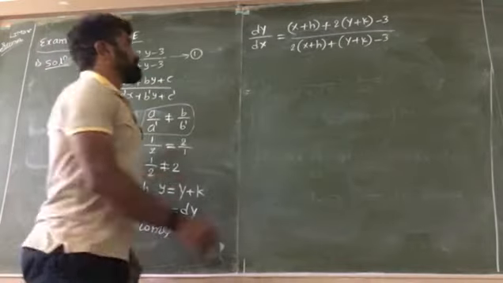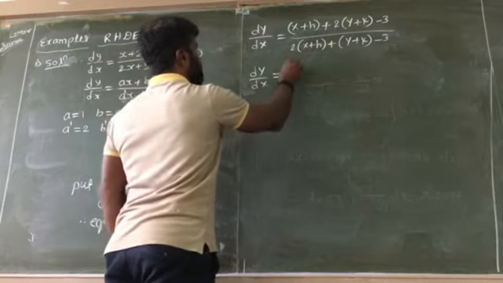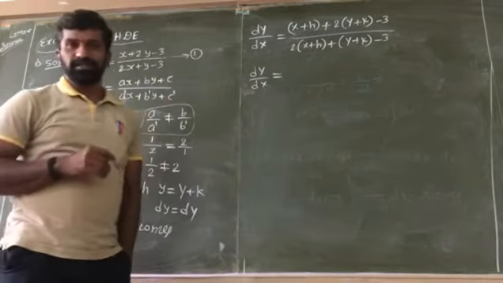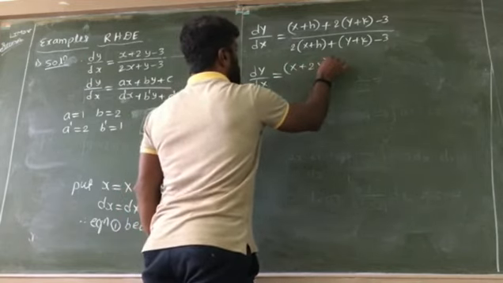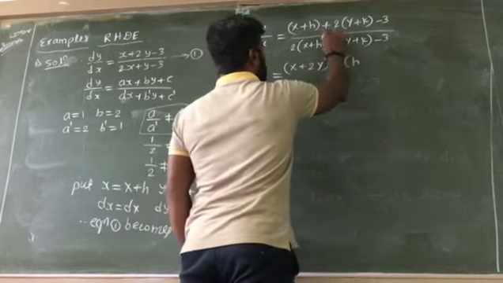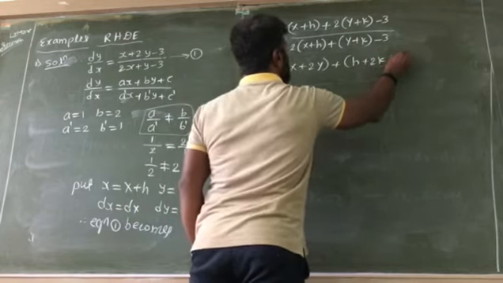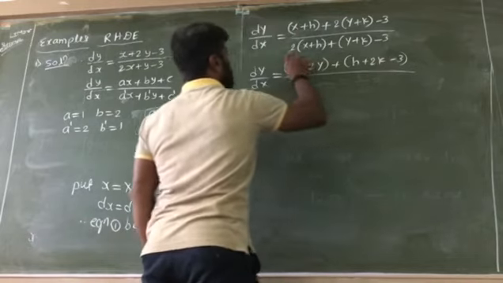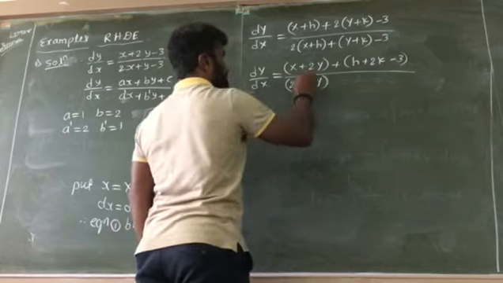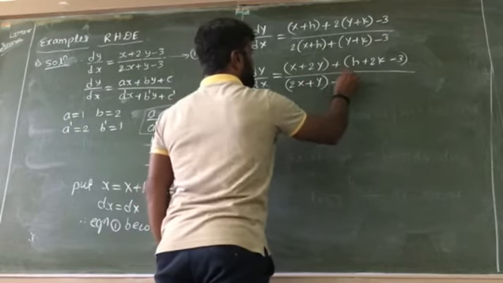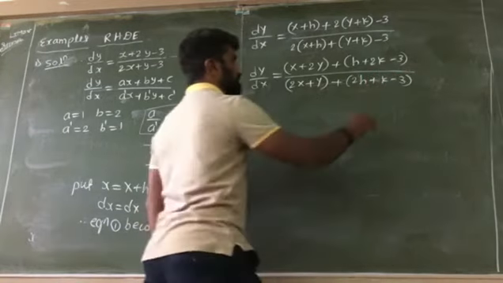So next, club the variables X and Y: the numerator is (X + 2Y + h + 2k - 3), and the whole is divided by (2X + Y + 2h + k - 3). Call this equation 2.